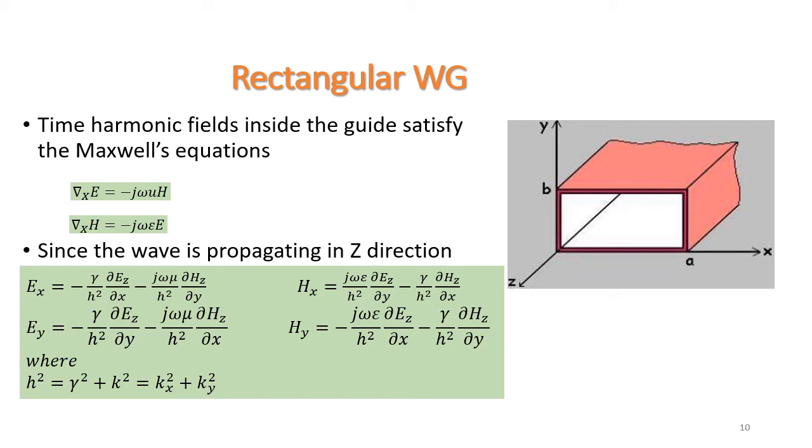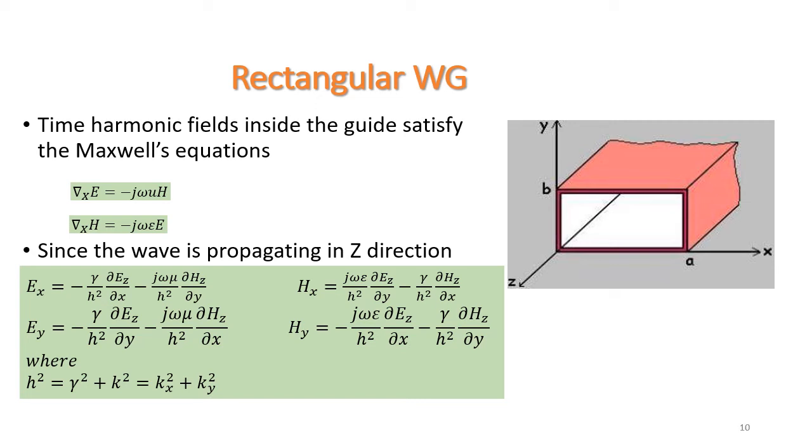Similarly, Ey equals minus gamma upon h square ∂Ez/∂y minus j omega mu upon h square ∂Hz/∂x, and Hy is equal to minus j omega epsilon upon h square ∂Ez/∂x minus gamma upon h square ∂Hz/∂y, where h square is equal to gamma square plus k square, which is equal to kx square plus ky square.